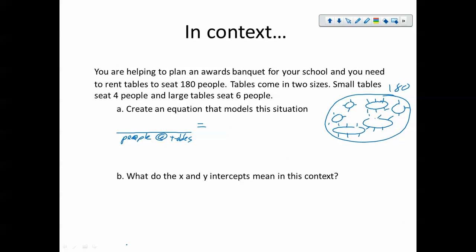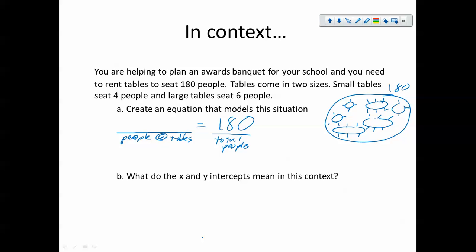We need to find a way to model the people at the tables, and then that has to equal total people, right? We have to seat 180 people. So that's my total people. And then we need to model the people at the tables.